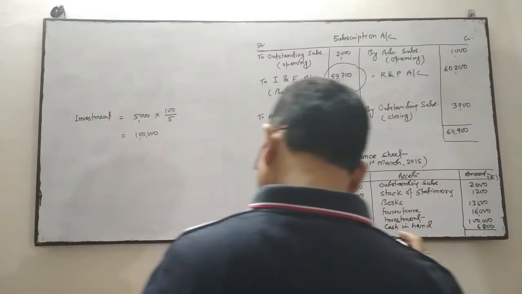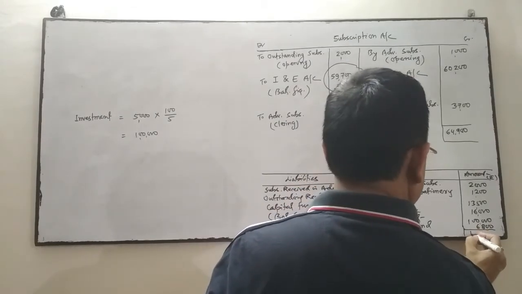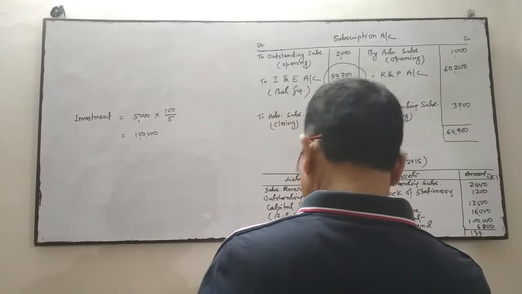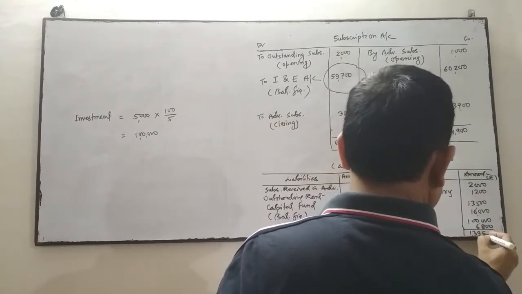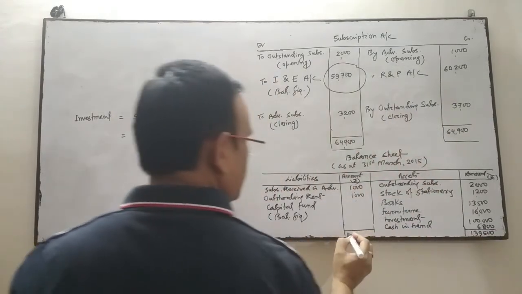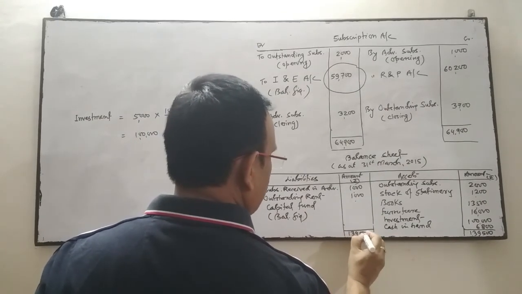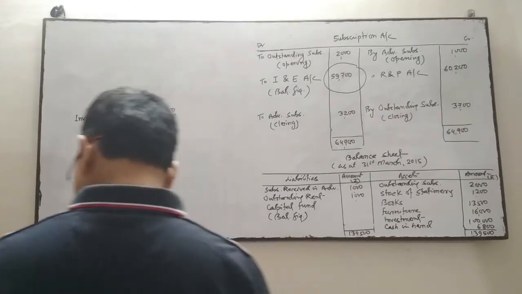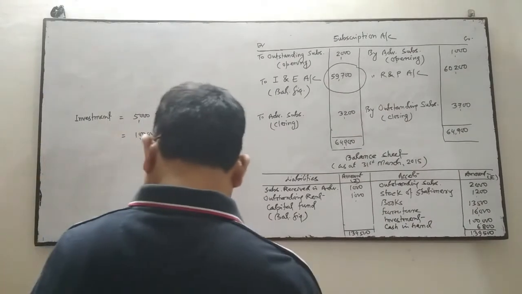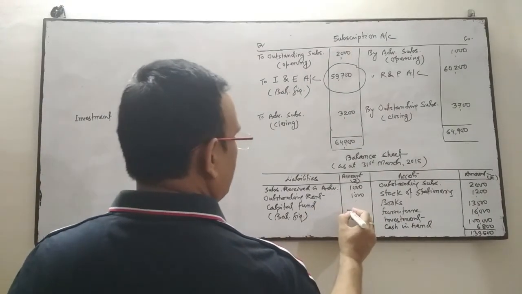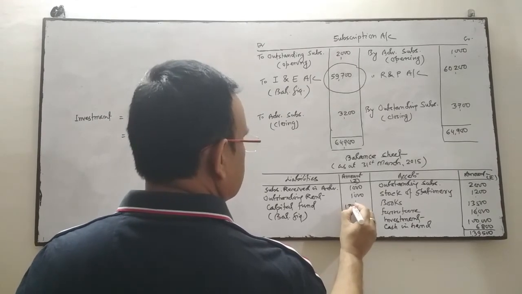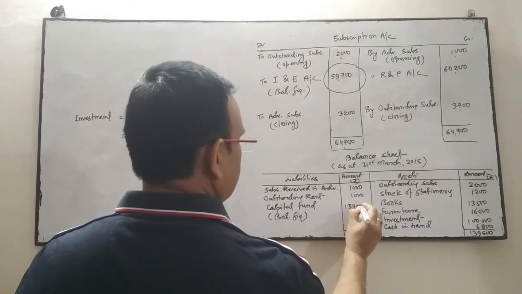Now we'll do the total. The total is 1,39,500. We'll write the same amount over here, 1,39,500. So the difference amount is your capital fund, 1,37,500.